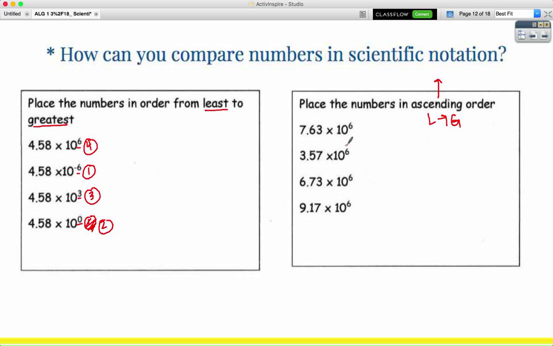Since these are all the same, we're just going to rank it by these decimals. The smallest one is 3.57, then 6.73, then 7.63 would be the third, and the fourth one would be 9.17, the largest. So 1, 2, 3, 4. From the top to the bottom, 3, 1, 2, 4 is the number you should have next to them.